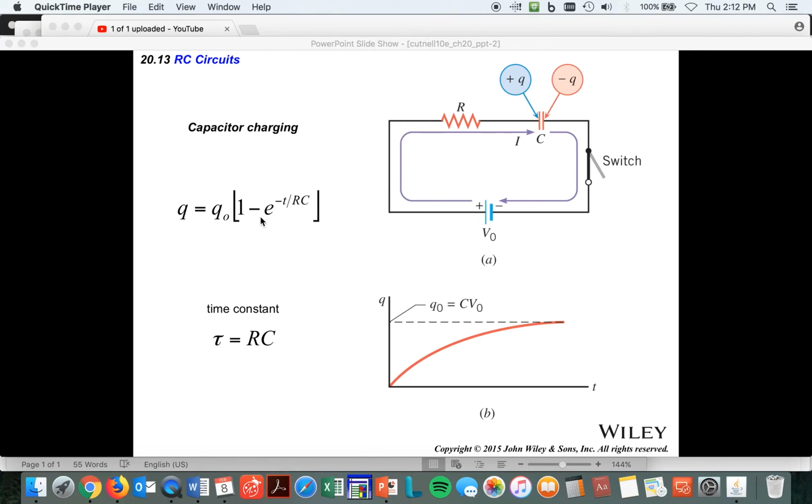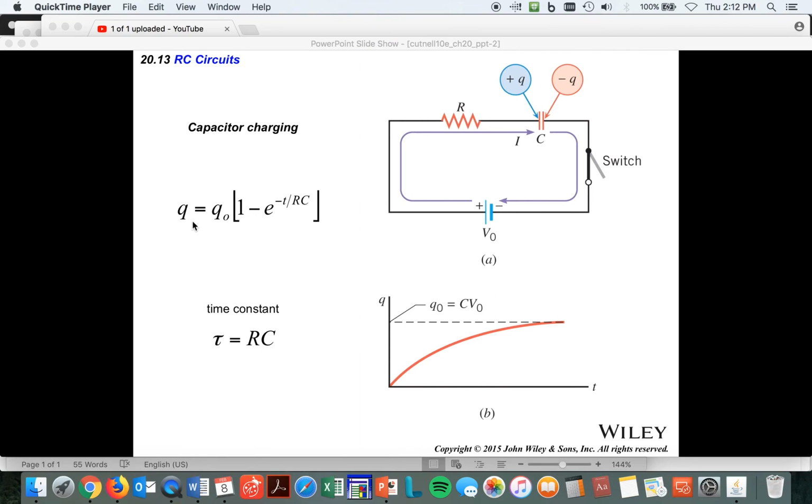So it's a time dependent thing. Now look at this. If t is equal to 0, what is anything to the 0 power? It's 1, right? This whole term goes to 1.